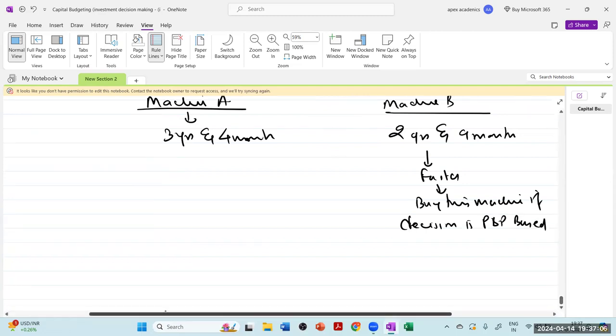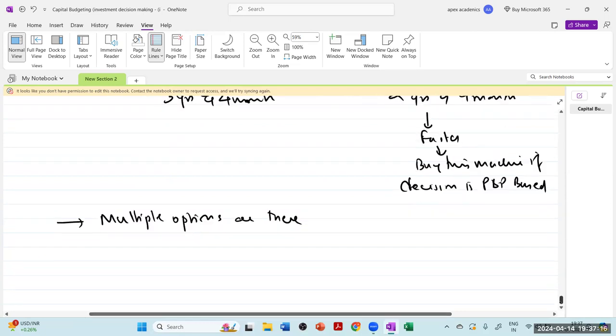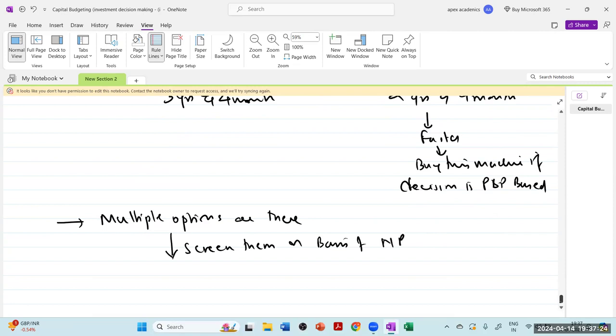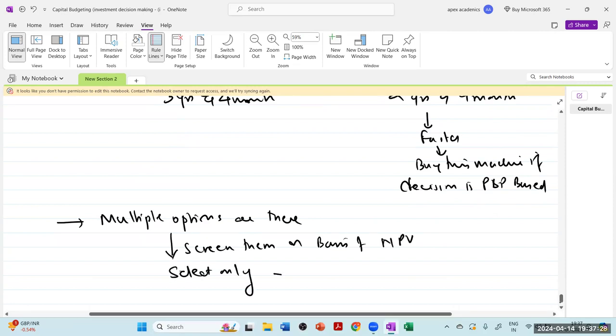In capital budgeting, what should you do? Suppose there are multiple options, right? First of all, you screen them on the basis of NPV. Means what? Select only positive NPV options.